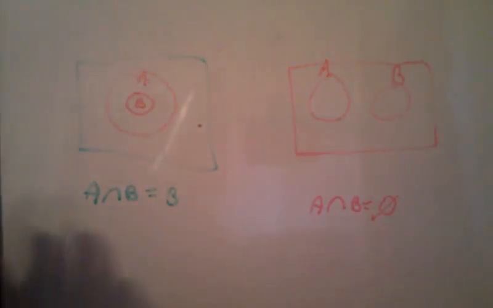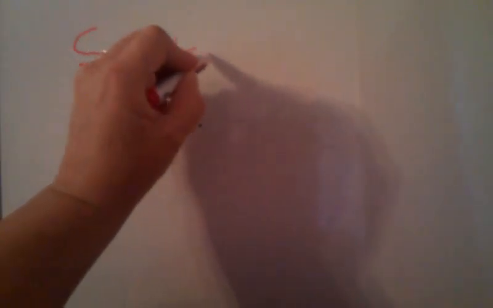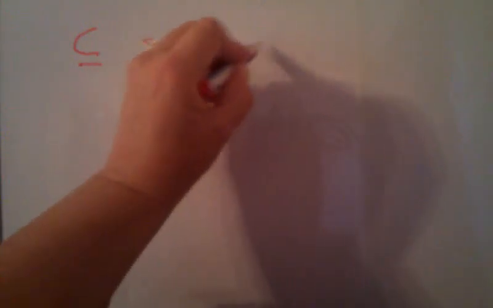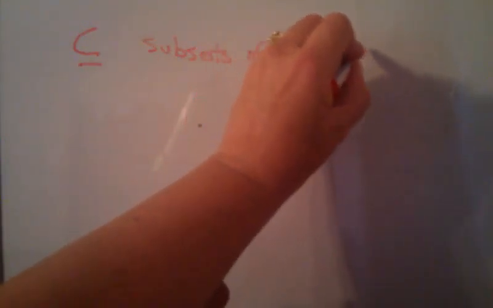We talked about this yesterday, but just so you know. If two sets are equal, that means they're subsets of each other. Do you remember how to write it? We wrote it like that. It means they're subsets of each other.